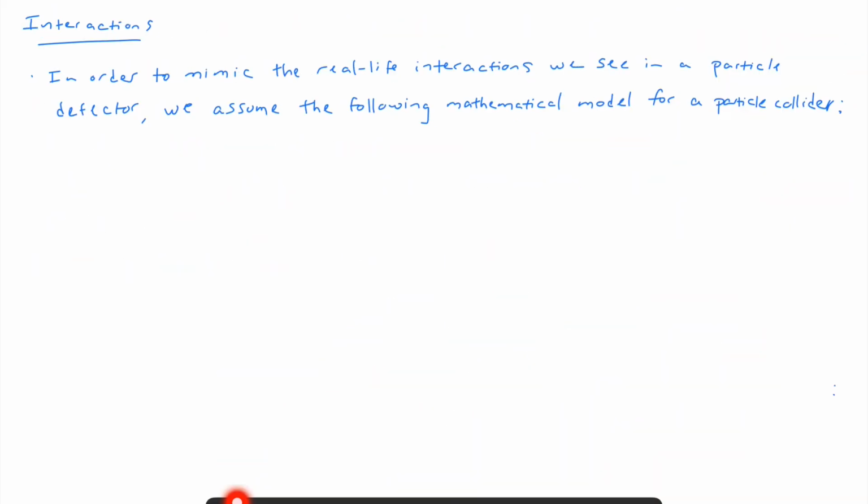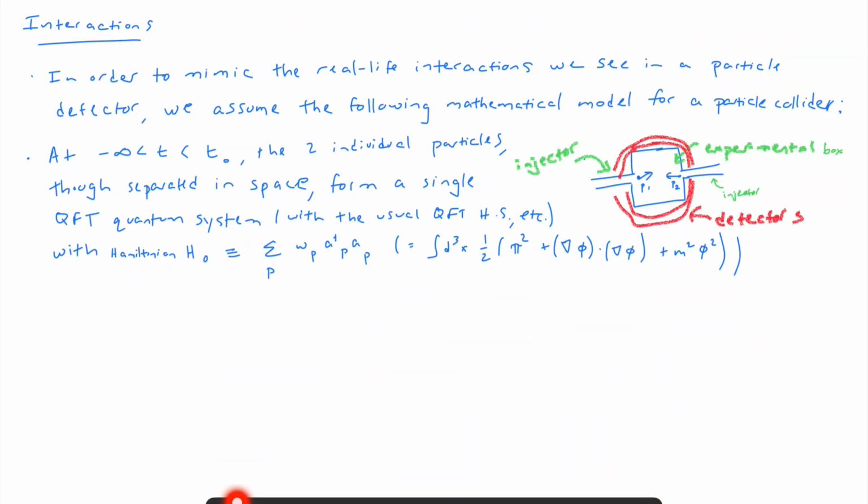Now for interactions, here's what we do. We assume that we inject these two things into the detector. Before we inject them, while they're hanging out inside the injectors, we almost just ignore this physical space, and we think of this space and this space as one massive set of voxels, which, though physically separated, just form one big quantum mechanical system.